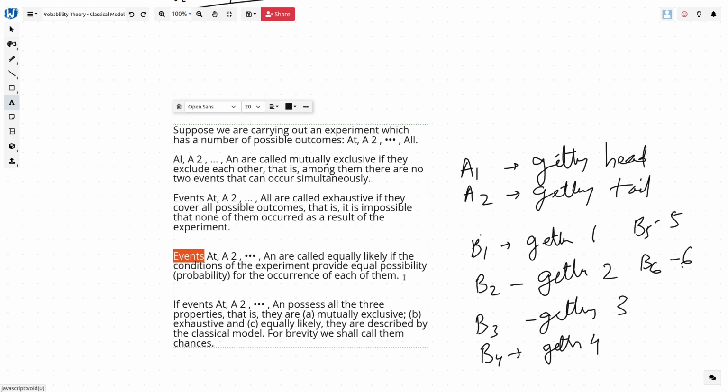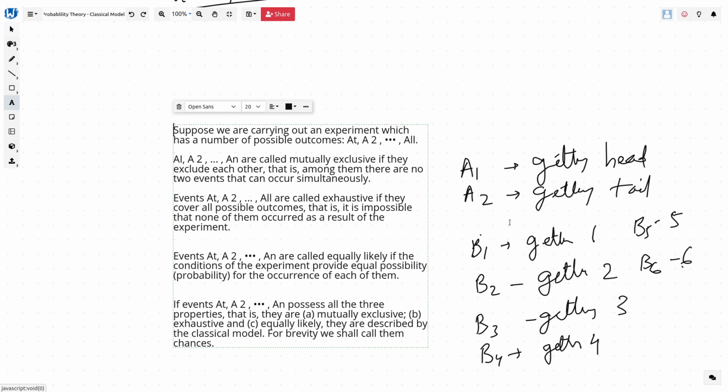Okay, so if you take a look at an example of equally likely, if a coin is fair, then the likelihood of getting head and tail are the same. Similarly, the likelihood of getting 1, 2, 3, 4, 5, or 6 are all the same, right?